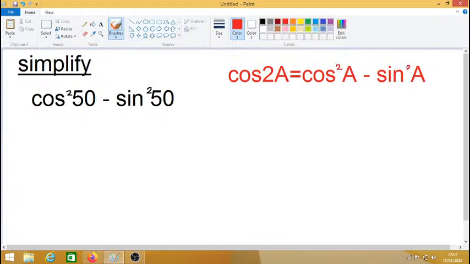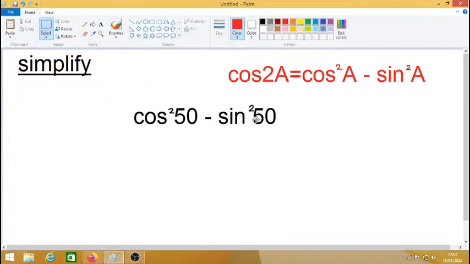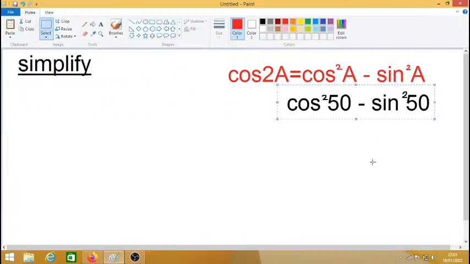So what that tells you is that if you've got any angle, say 10 degrees or 20 degrees, then cos squared of that angle take away sine squared of that angle is the same thing as just normal cos of twice that angle. So applying that here, the angle on its own on the right-hand side is your 50.